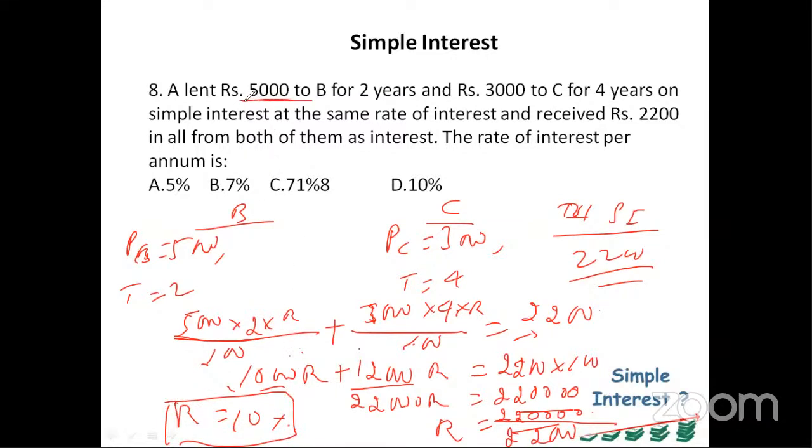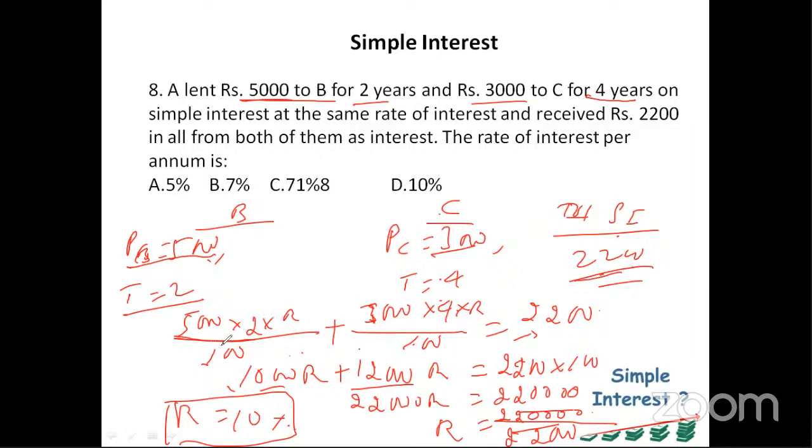A lent rupees 5,000 to B, which means principal given to B is 5,000 for 2 years. So time is 2 years. And same thing for C, amount is 3,000 rupees for how many years? For 4 years. Okay, total simple interest from both is 2,200 rupees together.